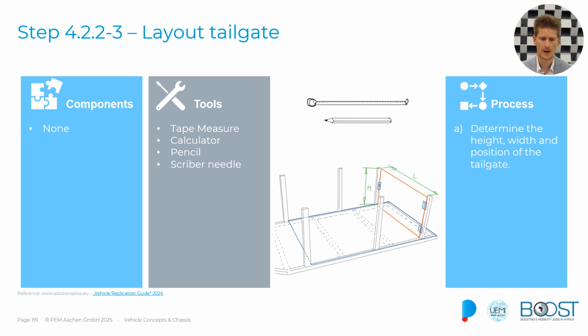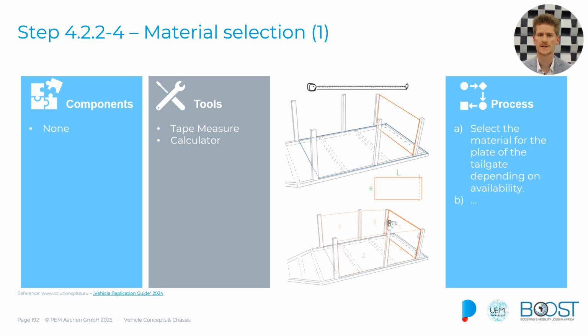If you have figured out the layout of the tailgate, the material selection will be the next thing to do. There's a wide material range you can choose from. You can use wood, you can use metal, you can use some plastics. In this case, I think we're going for some wood because it's rather cheap, rather light, and is very easy to tool.